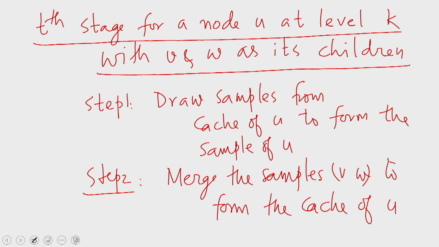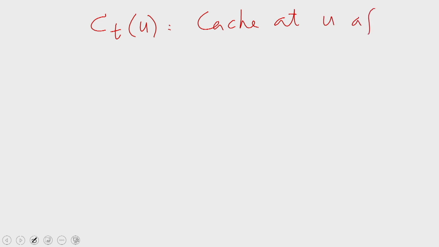In the first step, we draw samples from the cache of u to form the new sample of u, and then in step 2, we merge the samples of the children v and w to form the new cache of u. So, here some definitions are necessary. Let me define C_t of u as the cache at u after the t-th stage.